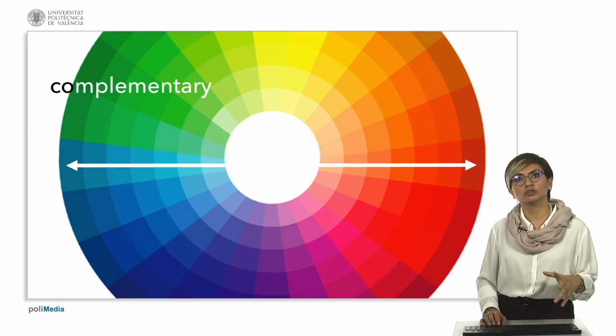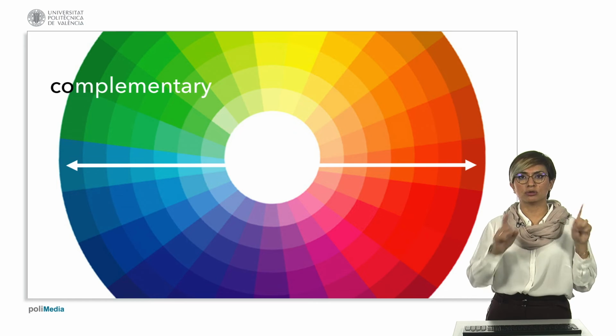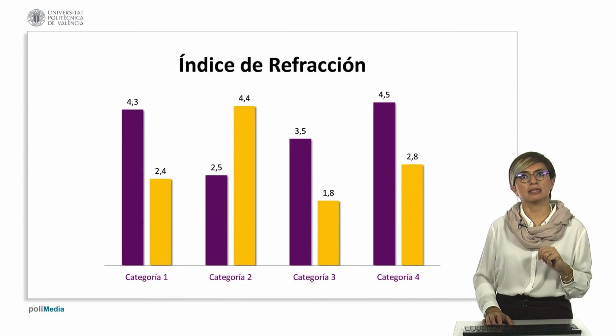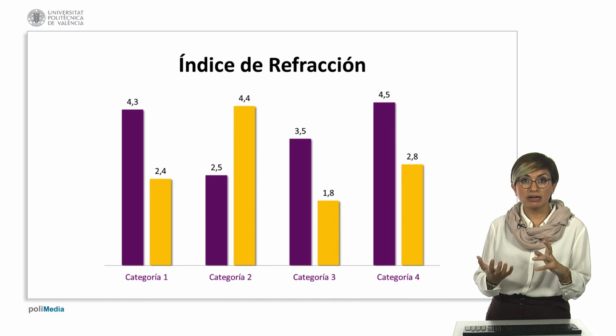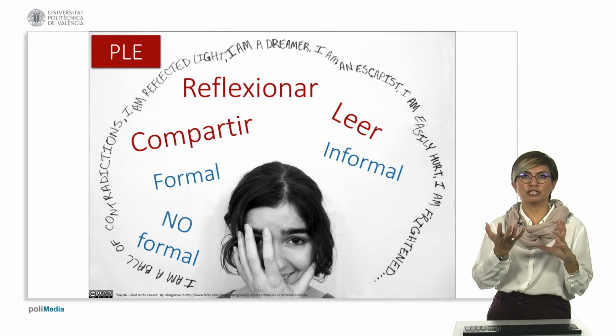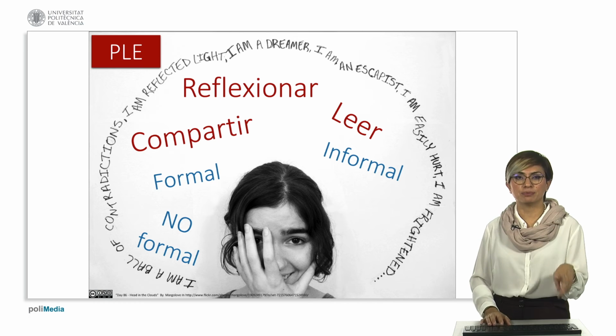And if you want contrast, use complementary colors, those that are exactly in the opposite place in the color wheel. For example, here, they are very good for showing contrasts, very good to create this atmosphere of importance.